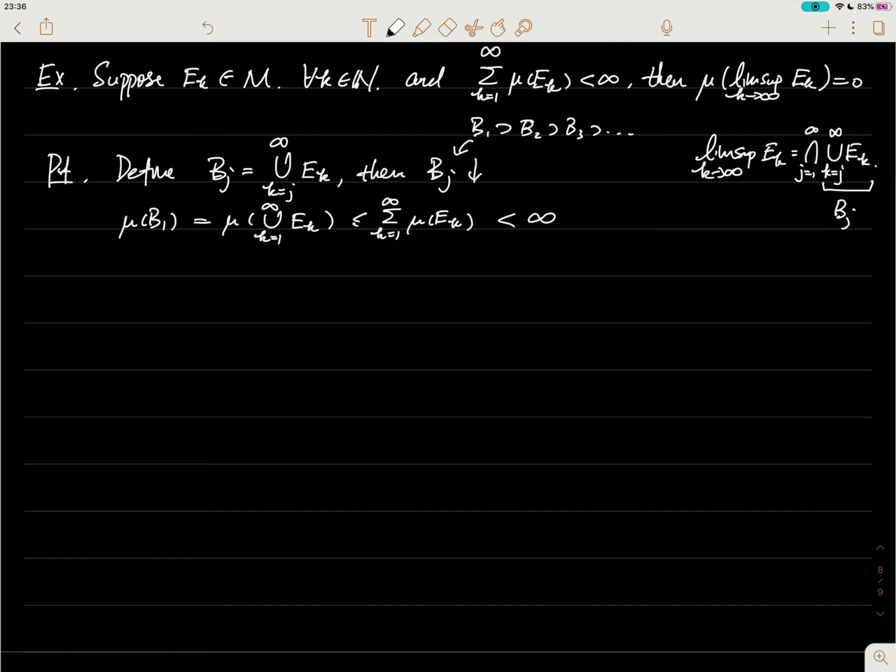Okay, now we have B_j's that are decreasing, and the first B_1 has a finite measure, so we can apply the corollary above, and that means we can get that the limit of the measures of those B_j's should be equal to the measure of the limit.